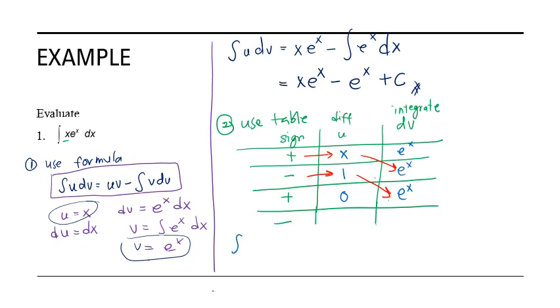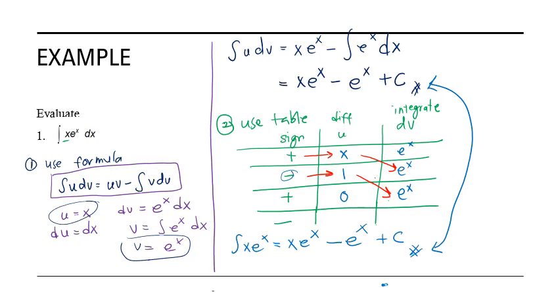Okay, integrate x exponent x is equal to, okay, so darabkan sign ni plus, tambah x exponent x, ni ada tolak kan, so negatif exponent x plus c. Plus c ni wajib lah okay, so sama tak? Sama. So boleh guna mana-mana yang senang, tapi sebenarnya guna table lagi senang.